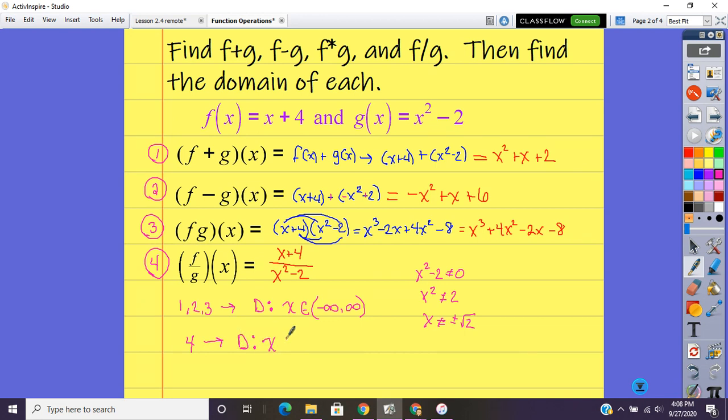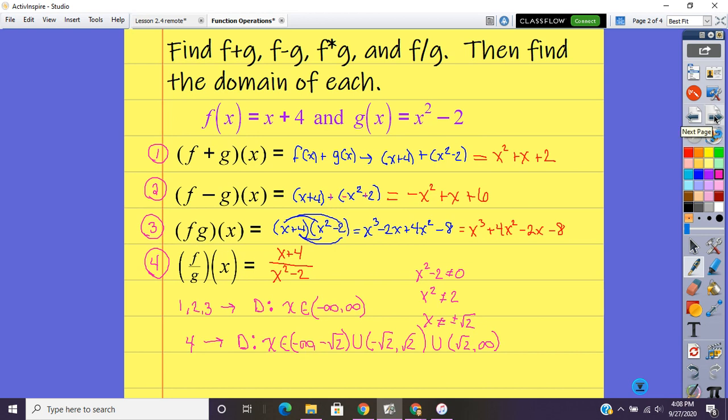All right, so we are negative infinity to negative square root 2, or negative square root 2 to positive square root 2. Or square root 2 to infinity. Typically, this is how it works, is our 1, 2, and 3 will have the same domains, and 4 will have a different one. That's not always the case, but most of the time that would be the case.